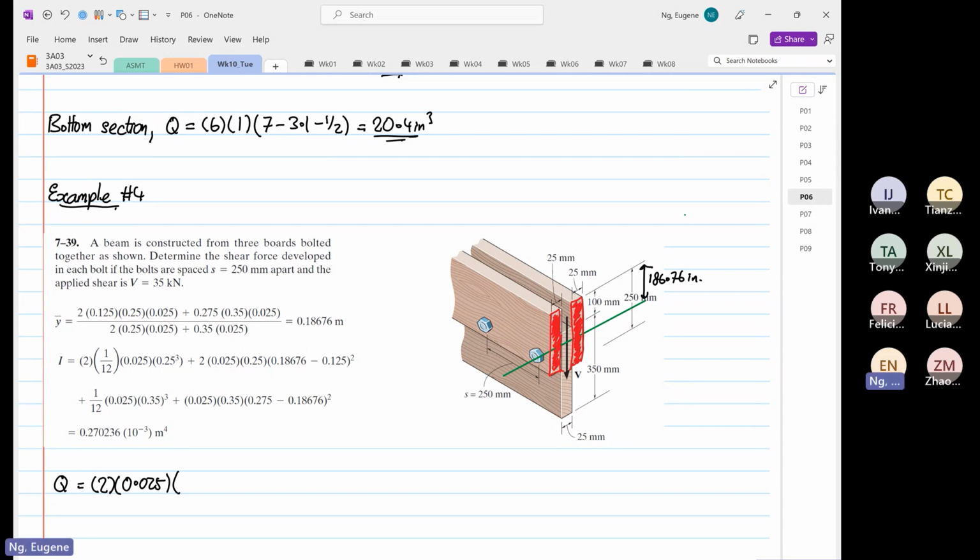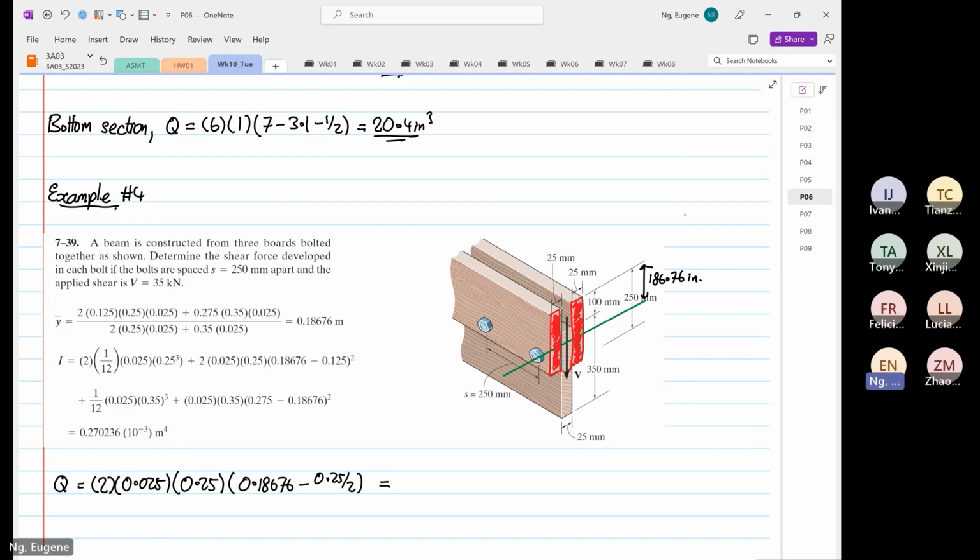The depth is 0.025. The Y bar now is 0.18676 minus 0.025 divided by 2.